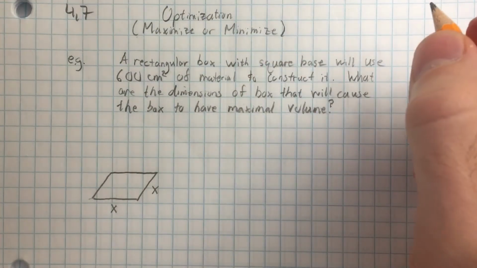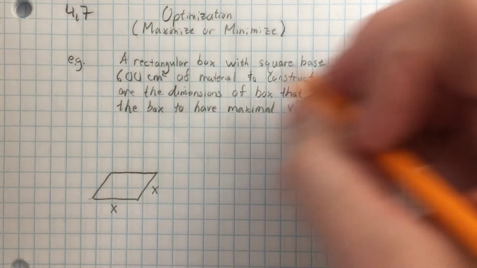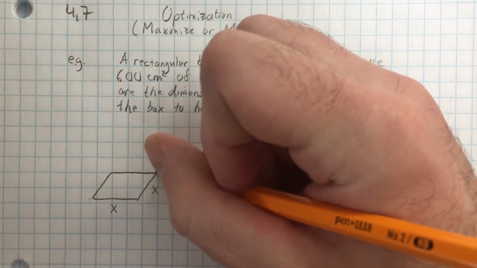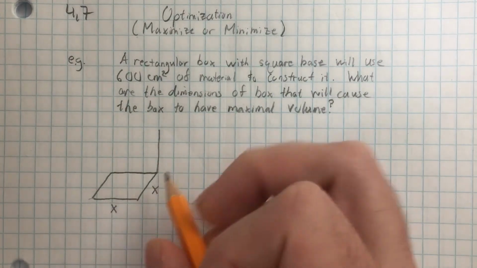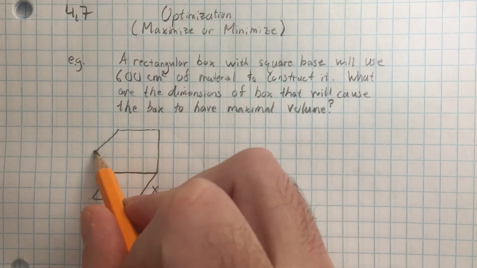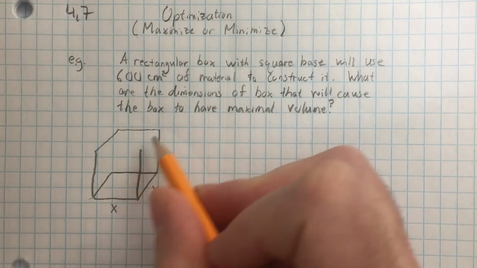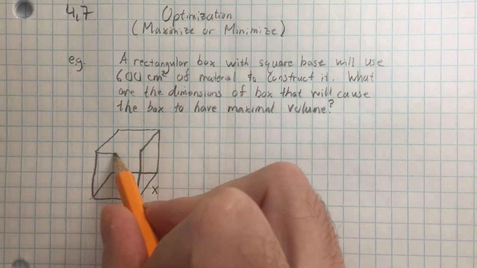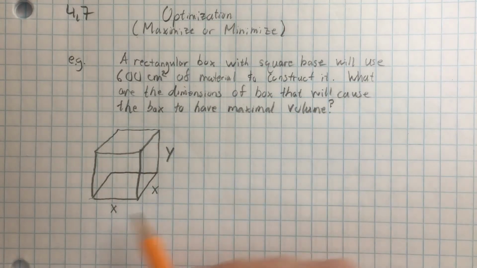Two x's will be sufficient because they are the same value throughout, because the box is square on the bottom, you might say. And then you have some height here, which is not necessarily the same as these. And so there's y for the height. Okay, so you have length, width, and height.